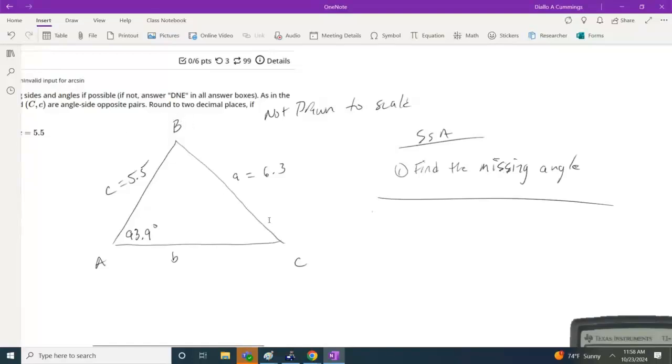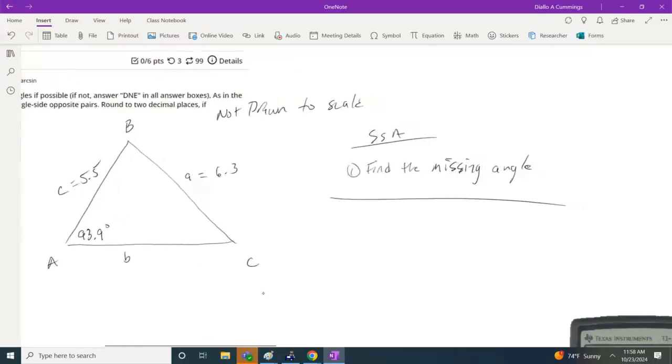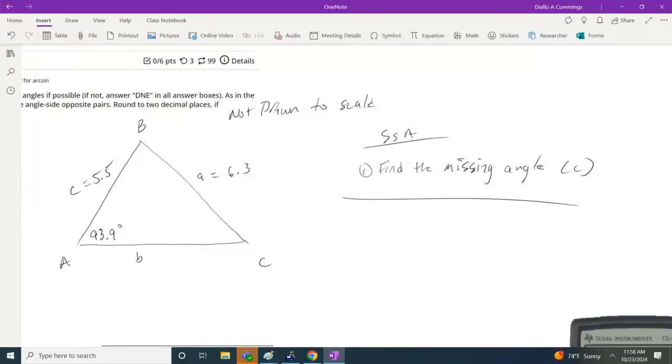I don't know angle B and I don't know angle C. But I know side length A, I know angle A, and I know side length C. I could find angle C by using the law of sines. There's only one angle I can find based on the information I'm given, and it's angle C. So we're going to find C.